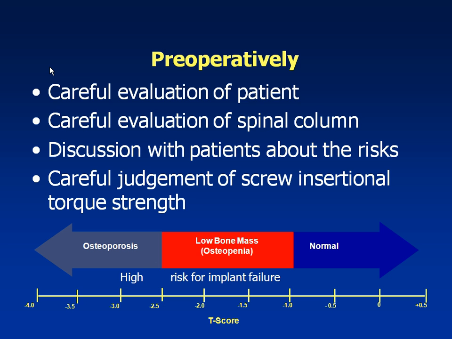But even hip densitometry may not really reflect the real situation of the bone. So, especially in patients in the category of osteopenia rather than osteoporosis, careful judgment of screw insertion torque during surgery, which is empirical but can be understood by the experienced surgeon, is very important.